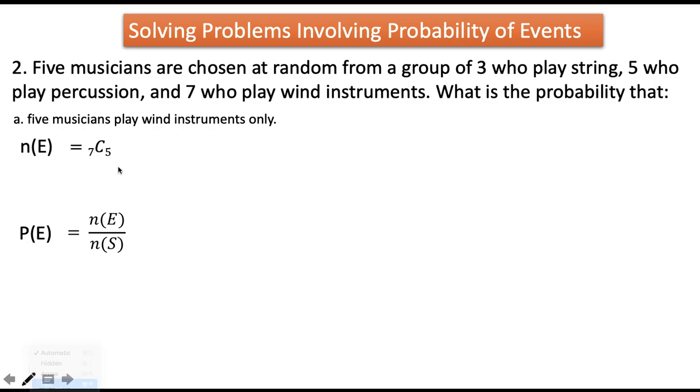Why? Because we are only focusing here on the wind instrument players. So there are only 7 wind instrument players here, wherein out of 7, we need only to form 5 players, 5 musicians. So that is 7 combination 5, and that is 21. Now, what is the cardinality of the sample space? That is 15 combination 5.